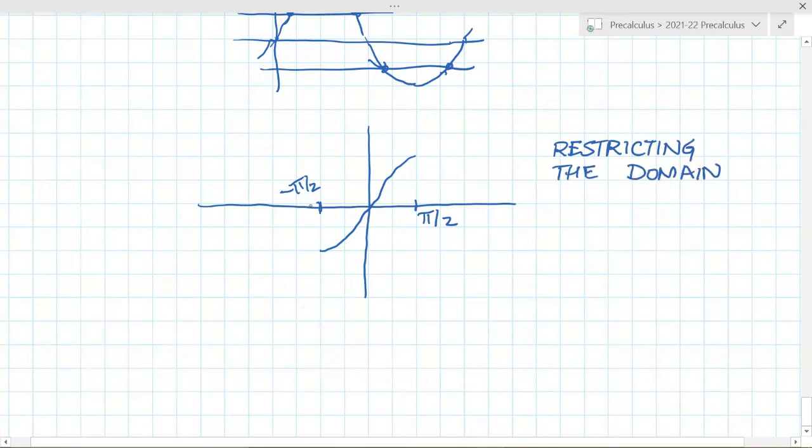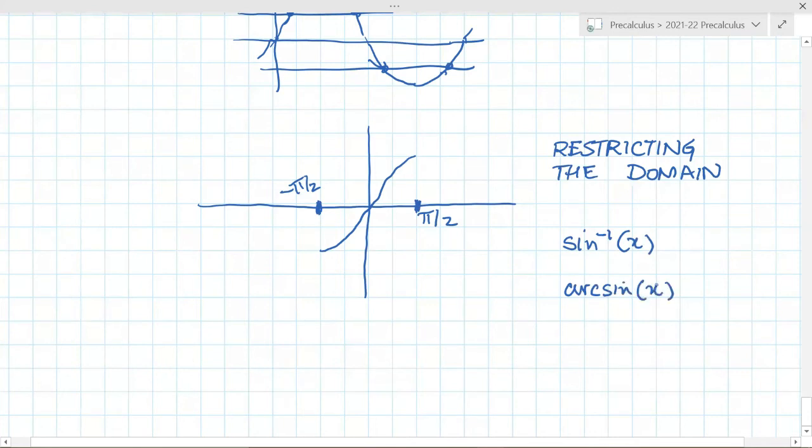If we restrict the domain of the sine function from negative pi over 2 to pi over 2, then I can have an inverse, because now there is no problem. There is no repeating situation. Horizontal line test passes. So now I can have an inverse, and this is called, either we write it like this, sine inverse x, or we call it arc sine x.